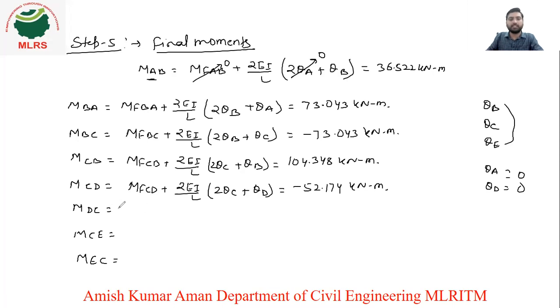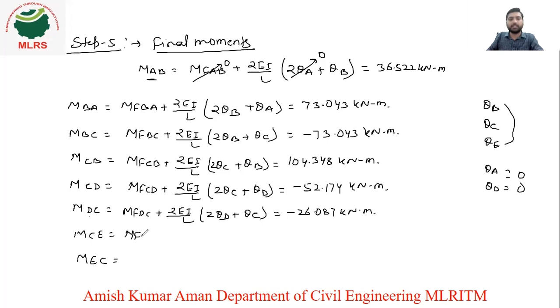Next, MDC. This will be MFDC plus 2EI upon L into 2 theta D, because here the first one is D, plus theta C. If you put all these values, you will get minus 26.087 kilonewton meter. Next, MCE.